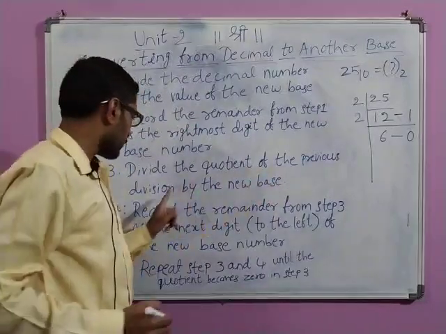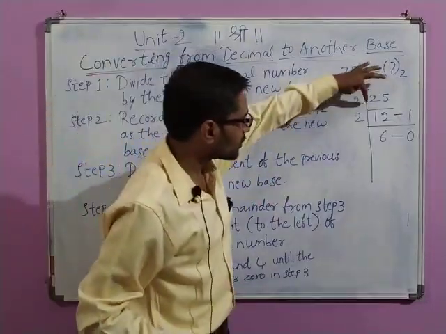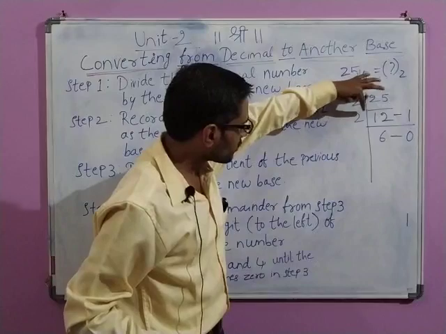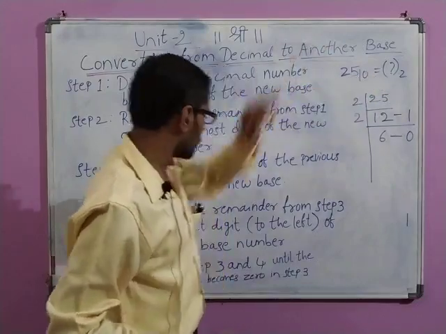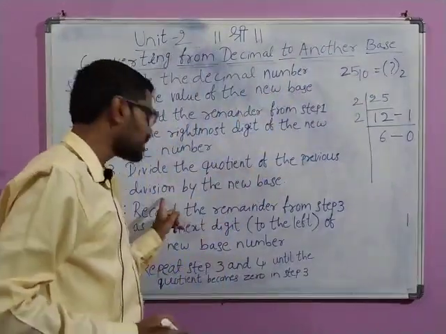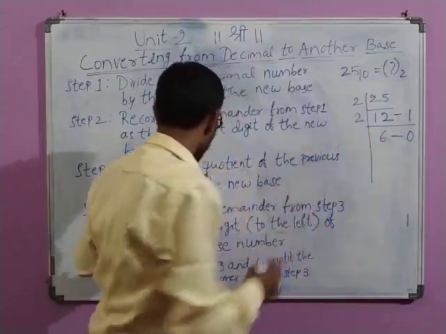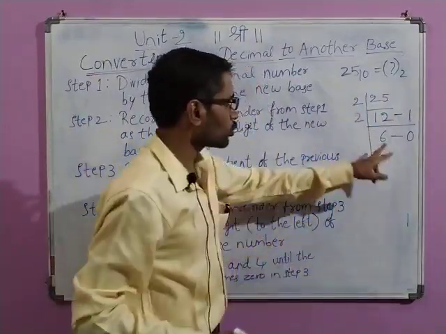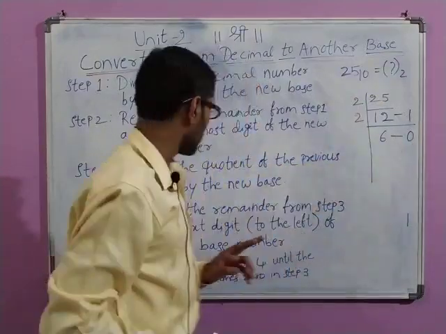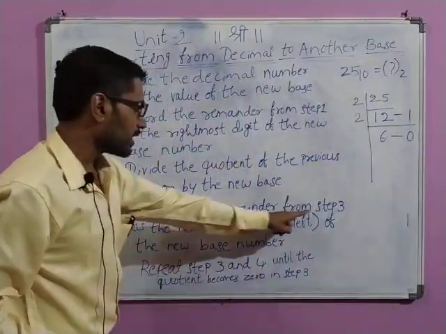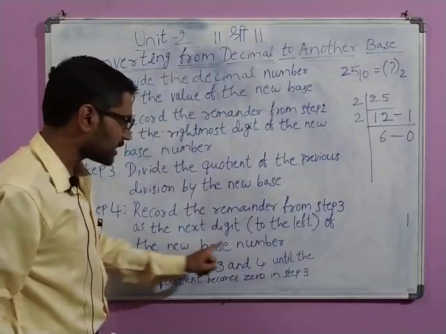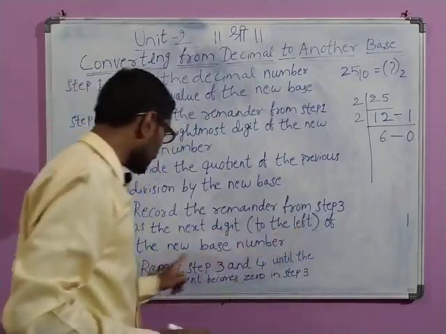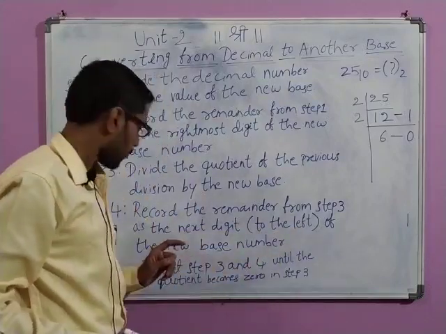Divide the quotient of the previous division. Previous division was this. So again you need to divide that with the new base. Divide the quotient of the previous division by the new base. What is the new base? That is 2. It is going to remain the same. So 2 6s are 12, remainder is 0. Record the remainder from step 3 as the next digit to the left of the new base number.